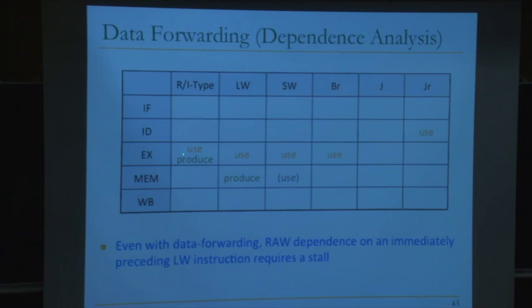For example, an R-type or I-type instruction produces the value in the execute stage and uses the value in the execute stage. So you can forward in one cycle. But even with data forwarding, we've seen that a dependence on a load instruction requires a stall, because you need that value to execute in the ALU.